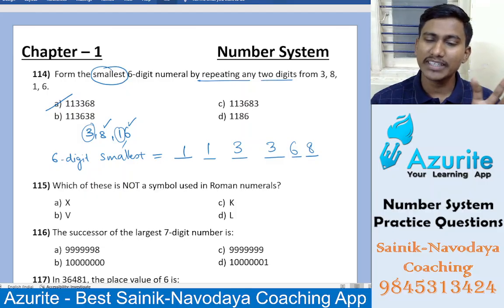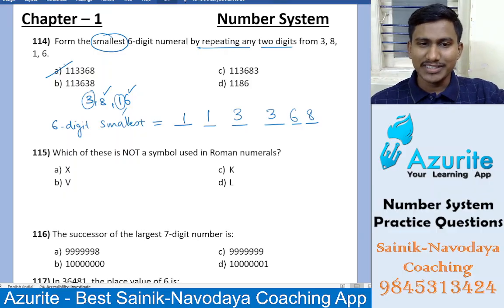The other option is only a 4 digit number, not possible. So the answer will be option A only. I hope you understood. Now let us go to the next question.